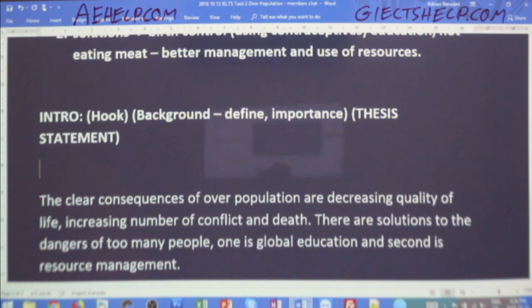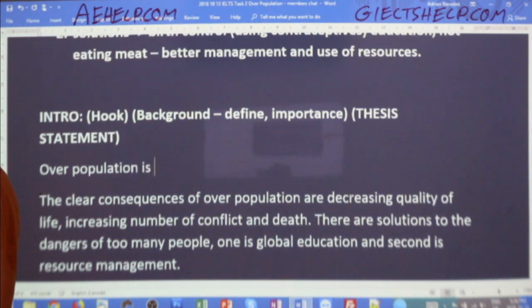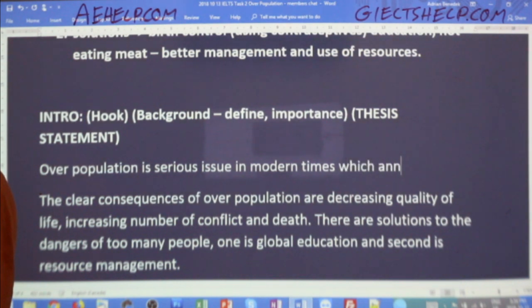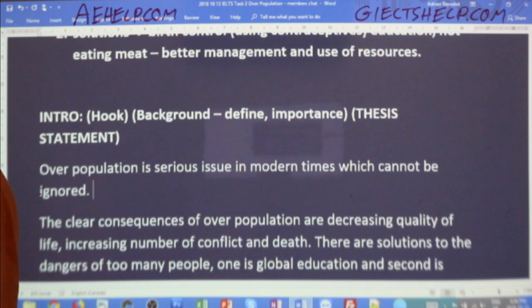All right, hook. Overpopulation is a serious issue in modern times which cannot be ignored. Okay, very simple hook here.